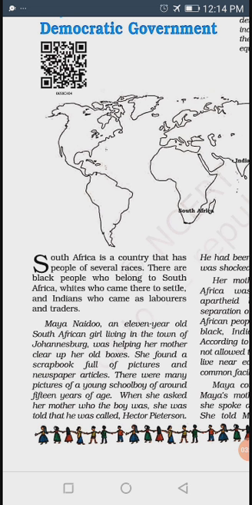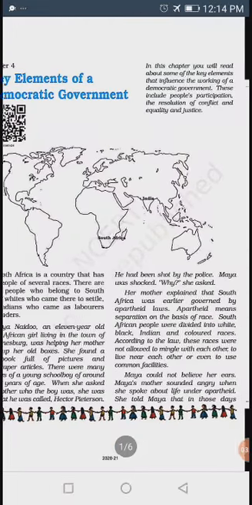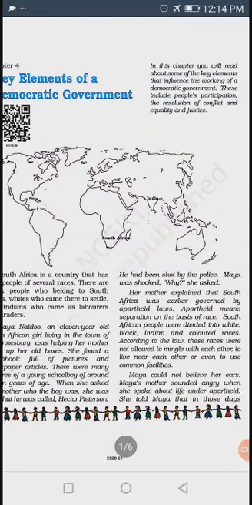Maya Naidu asked her mother about the newspaper articles and about that boy whose name is Hector Peterson, who is living in South Africa. So it creates a curiosity in the mind of Maya Naidu, and she asks her mother about this boy, Hector Peterson. And now her mother is explaining one event related to Hector Peterson.